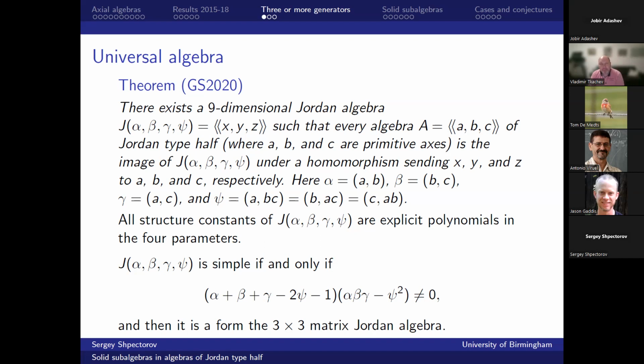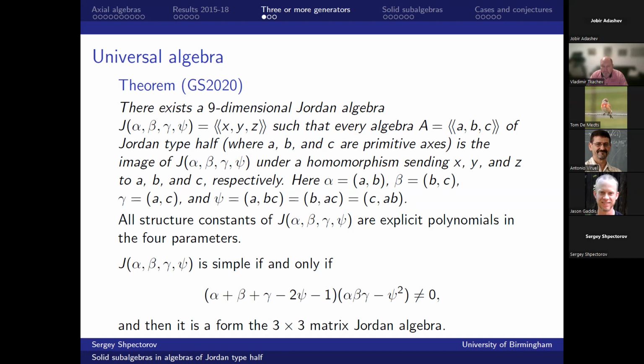So there is an algebra of dimension 9, J alpha, beta, gamma, psi. Alpha, beta, gamma, psi are four independent parameters. And it has very explicit products in terms of these four parameters, so that every algebra of Jordan type half, which is three generated, admits a homomorphism from J onto A, which is surjective and sends X, Y, Z to A, B, C respectively.